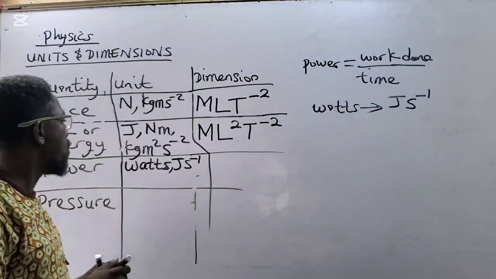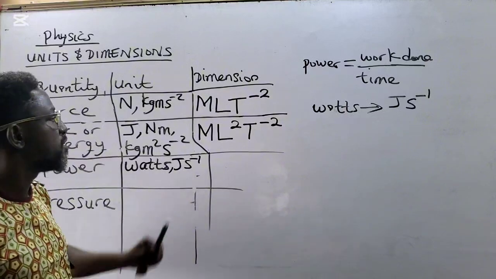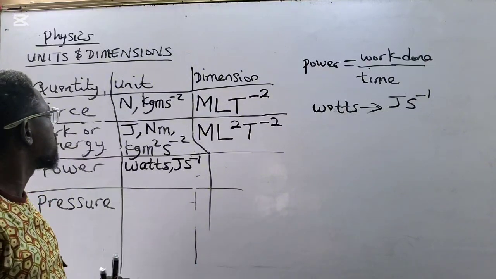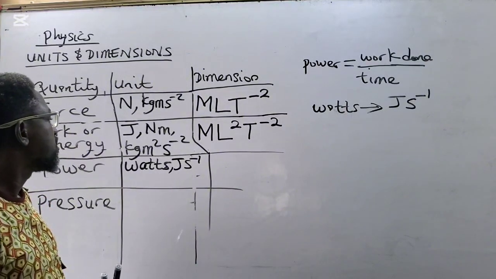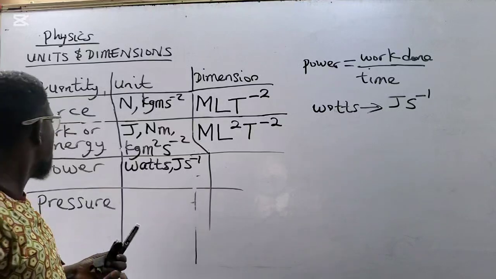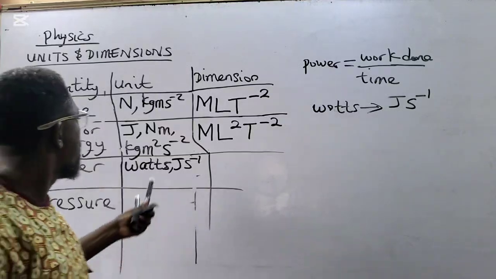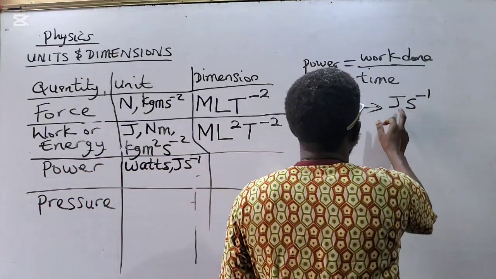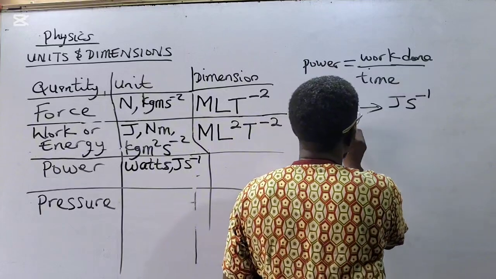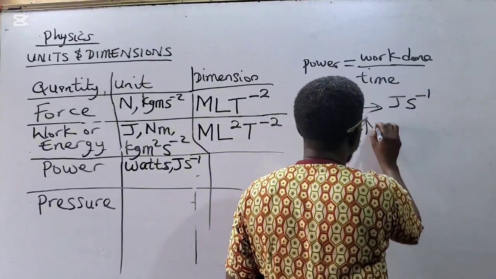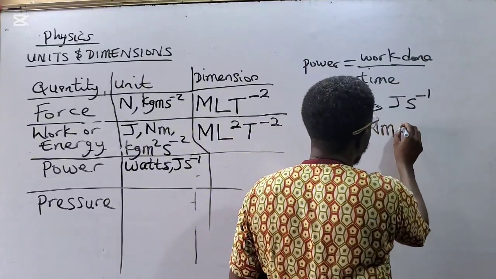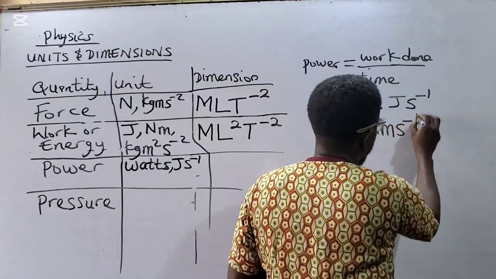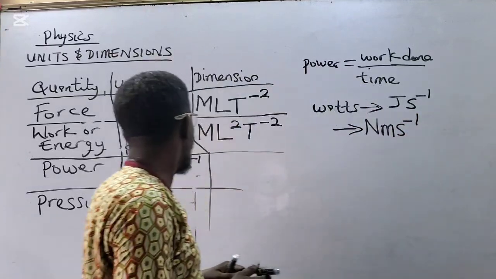Now we need to get an equivalent unit again, because from here we still cannot get the dimension of power. Now we know that the joule is the same thing as what? The Newton meter. So Newton meter per second becomes an equivalent unit to the watts.